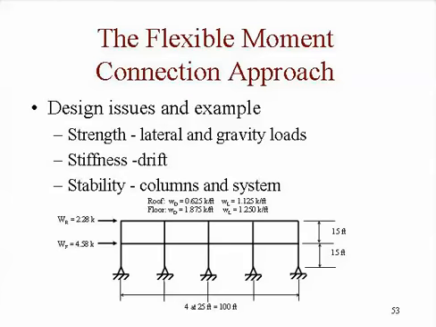So we're looking at strength, we've got lateral load and gravity load. When we look at stiffness, we've got drift. When we look at stability, we've got the columns and the whole system. And so we've got this little 4-bay, 2-story structure. It's been covered in the literature several times, and so we're just going to use that as an example.